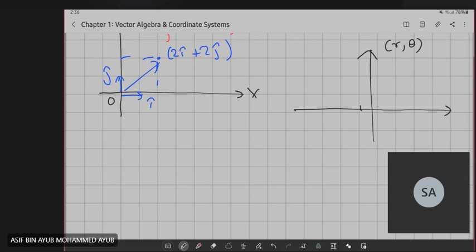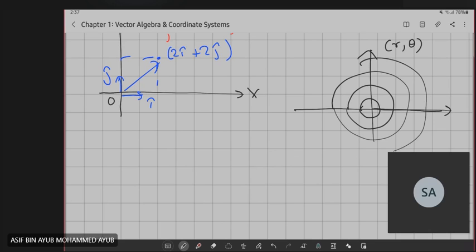So suppose I have r equals 1 here, it's a circle. r equals 2 here, r equals 3, and so on. And theta, you have theta equals 0 here, theta equals 1 in some units. Maybe theta equals 60 degrees, 90 degrees, and so on.